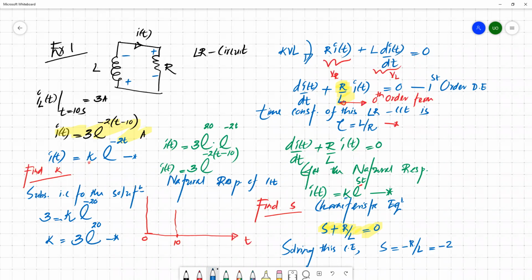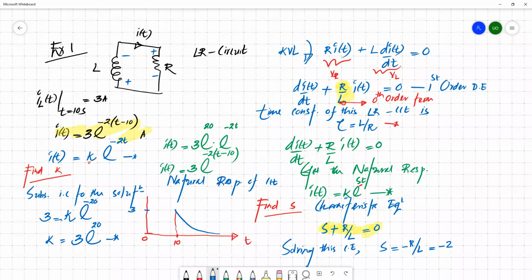So from 10 onwards, the behavior is something like that. For example, once you substitute t equals 10, you have e to the power 0, which equals 1, then your current would be 3. So this is your value 3.